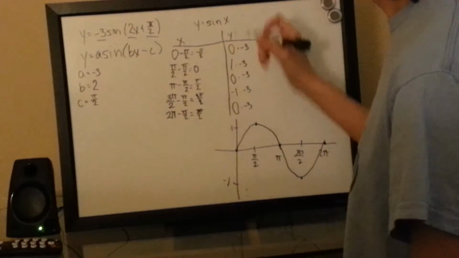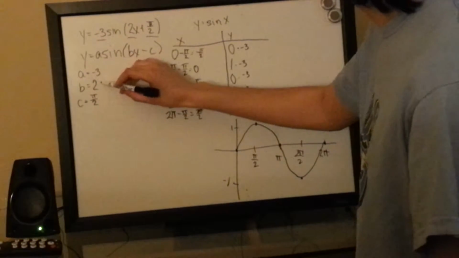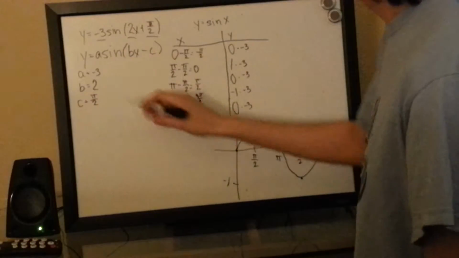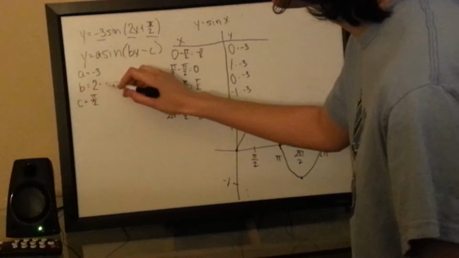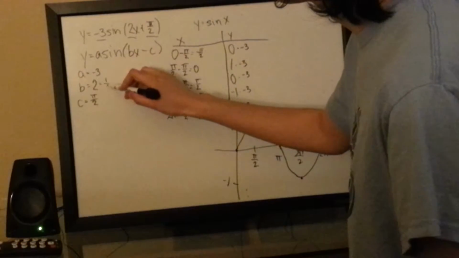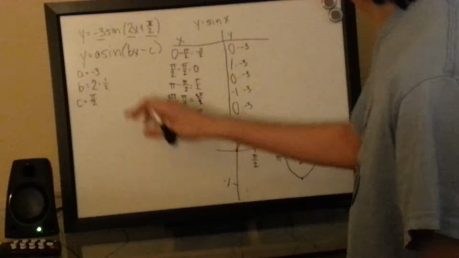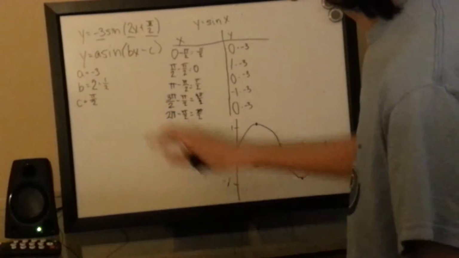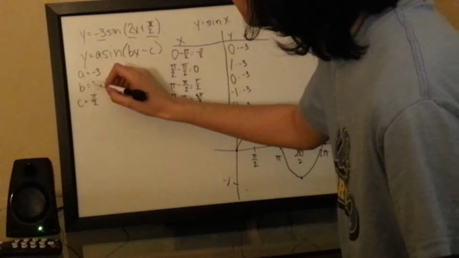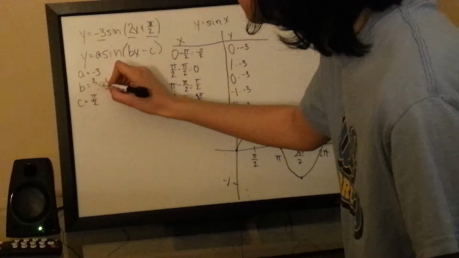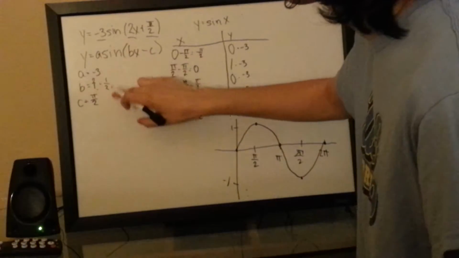So after subtracting our c value from our x values, then we're going to apply b to these values. When we're applying b to our values, we want to take the reciprocal of b. So the reciprocal of b would be 1 over 2, since we're flipping b around. Since b is 2, it could be written as 2 over 1, and then we would flip that around to get 1/2.